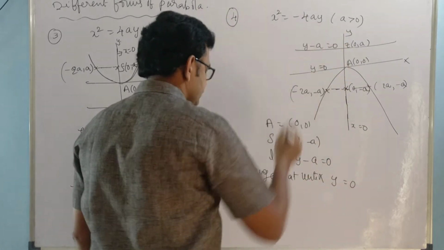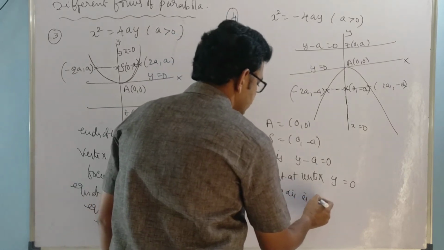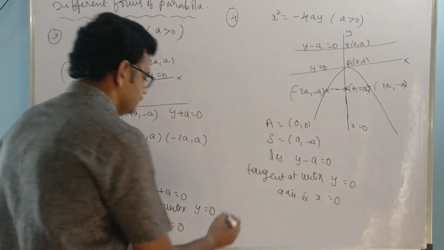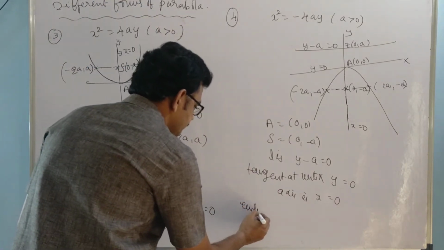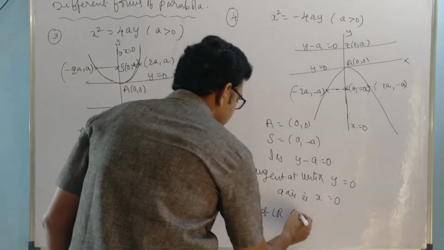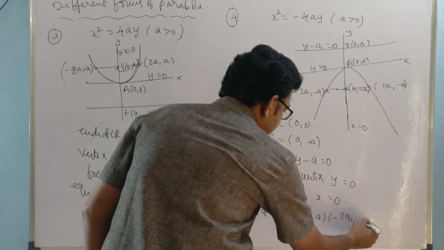Equation of axis, x equal to 0. Endpoints of latus rectum are 2a comma minus a and minus 2a comma minus a.